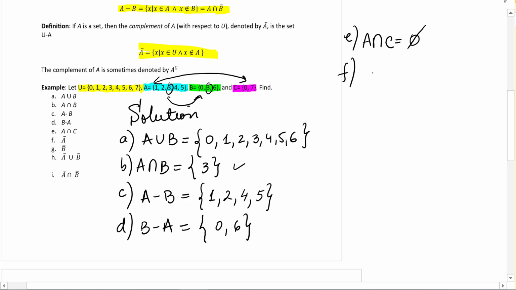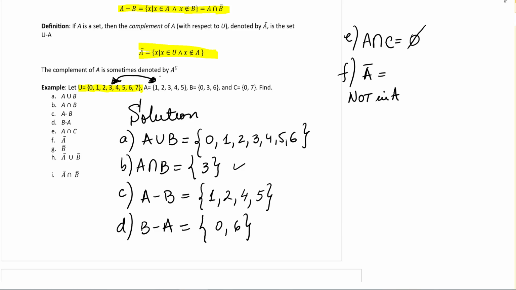F is the complement of A, or not in A. So what does it mean not in A? Well, it means I will have to compare A with the universal set. So I'm going to look at A and U: not in A, but in the universal set. To find the complement of a set, I need to have this U, the universal set.